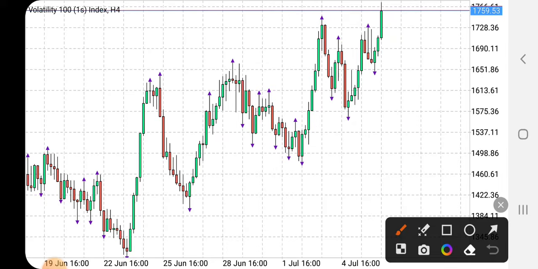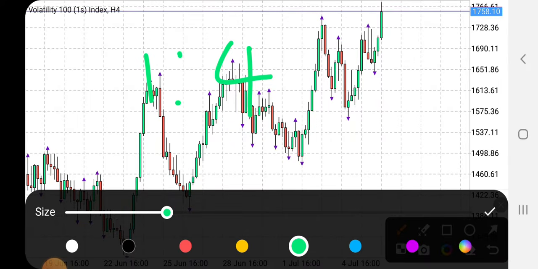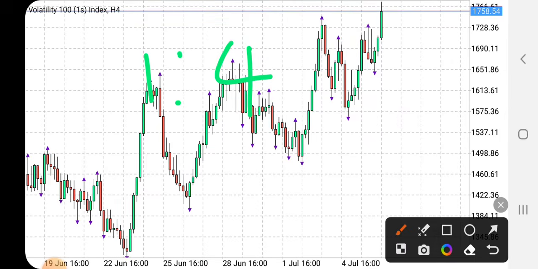Let's say you have a strategy that gives you maybe 1:4 on average on a trending market. If you use the same strategy on a ranging market and you want to get 1:4, do you think it's possible? It's not going to be possible.